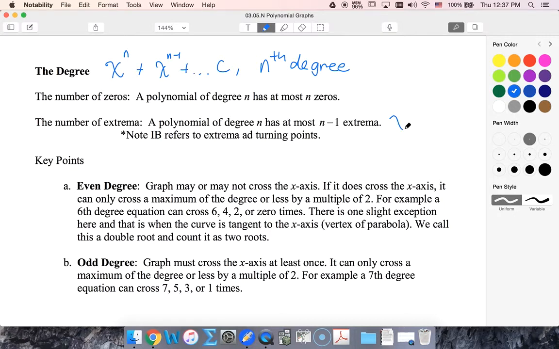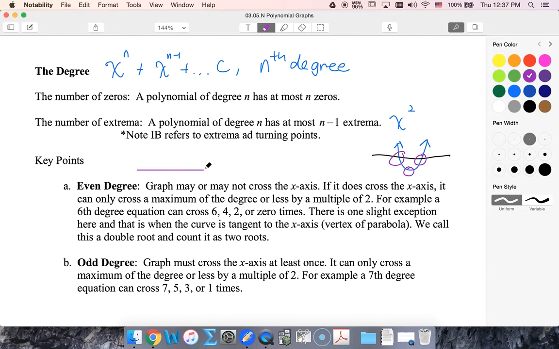So let's think of an x squared graph. That looks like this. So it's possible that I'll have 2 different roots, and I'll have only one extrema. If I have an even graph, like x squared, so if my degree is even, not if the function is even, but if the degree is even, it may or may not cross the x-axis.